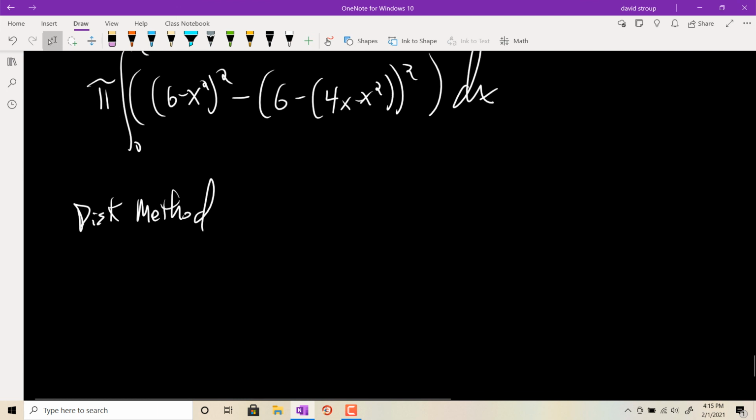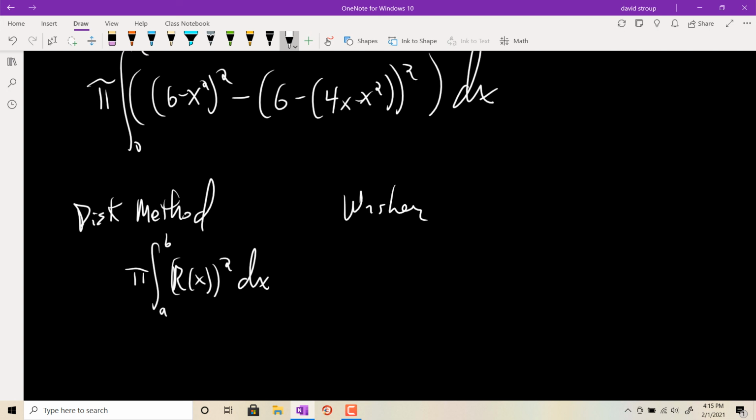Where am I? Oh, the disk method. I'm just sort of restating everything that we did. So again, there's 2 orientations. But the formulas are basically pi out in front, radius squared, and then dx, where you just replace all the x with y's, right? And then the washer method, you have 2 radii.